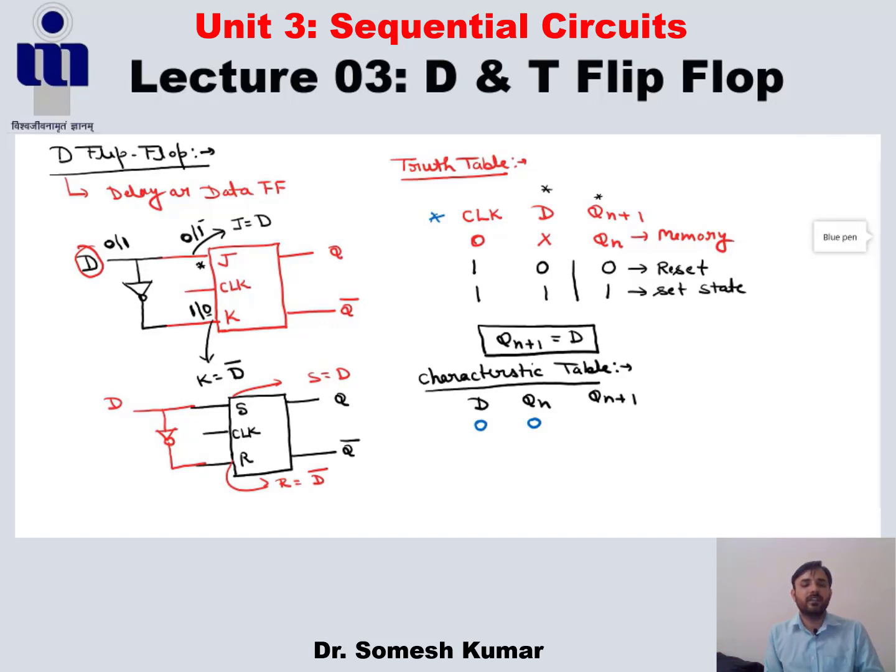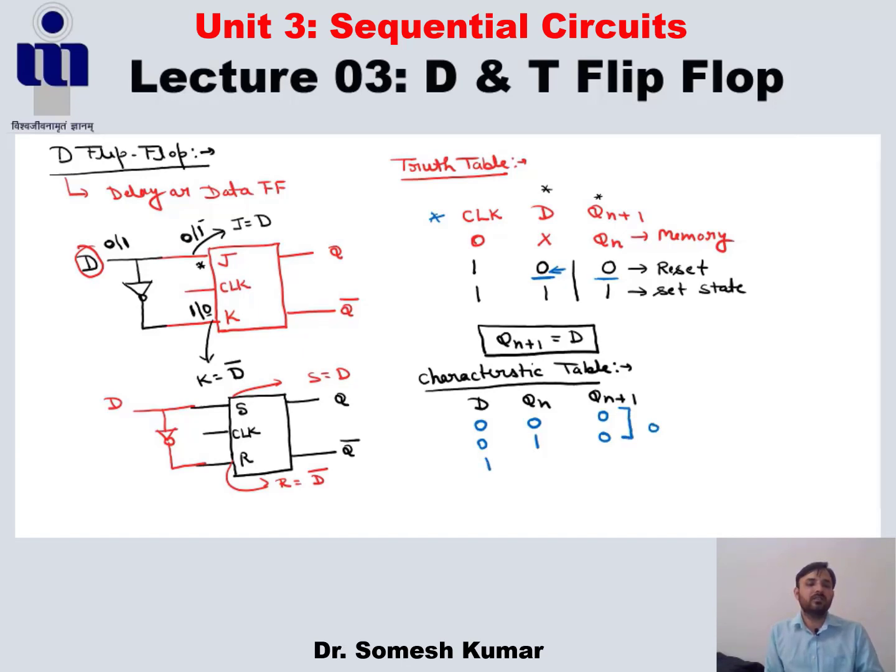If D is 0, the output always remains 0, independent of the previous state. If D is 0 and the previous state is 1, then Qn plus 1 remains 0, because if D is 0, the output always remains in the reset state, the 0 state. So this is 0.